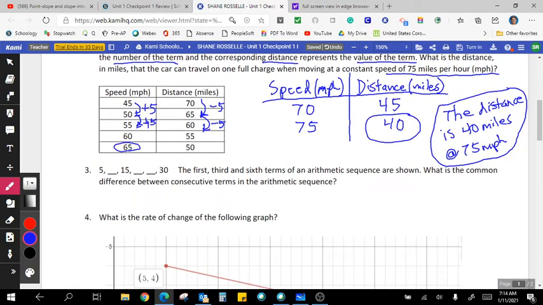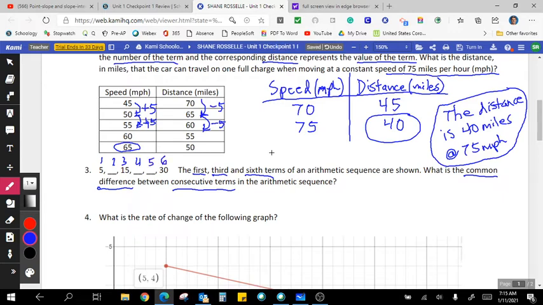Okay, so it says 5, blank, 15, blank, blank, 30. The first, third, and sixth terms of an arithmetic sequence are shown. What's the common difference? So we have to go back to common difference between consecutive terms in the arithmetic sequence. If I look at this, my first term, second term, third term, fourth term, fifth term, sixth term, right?